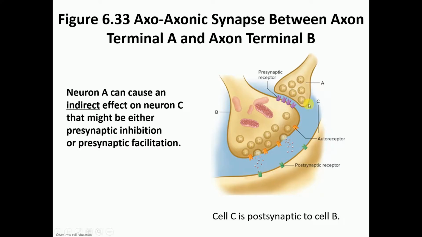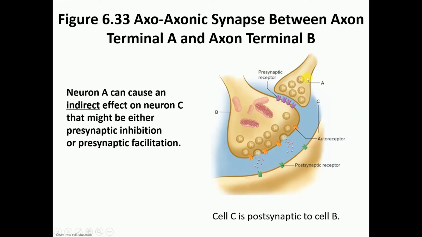Now you can see these three neurons. We have neuron A, B, and C. This synapse right here, where neuron A is presynaptic and neuron B is postsynaptic, while in this scenario down here, the synapse is between B and C, where B is the presynaptic neuron and C is the postsynaptic neuron.